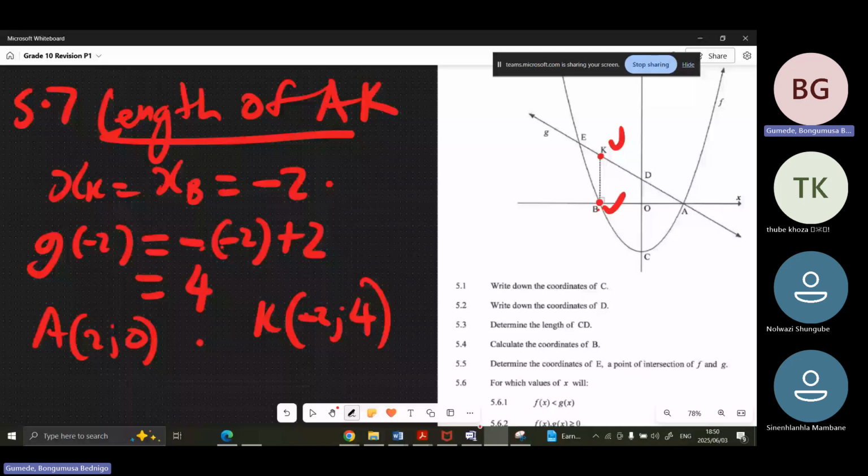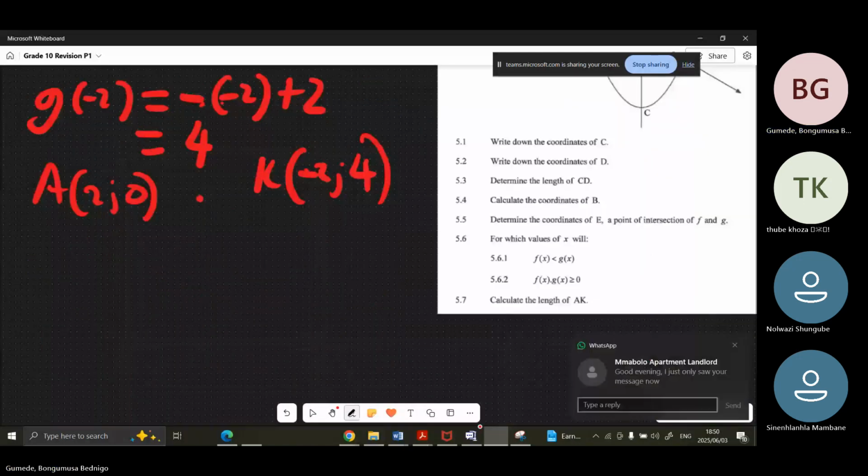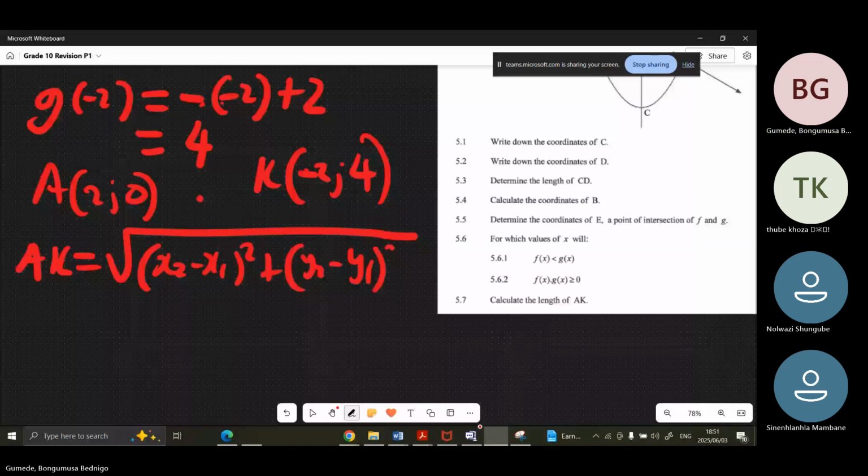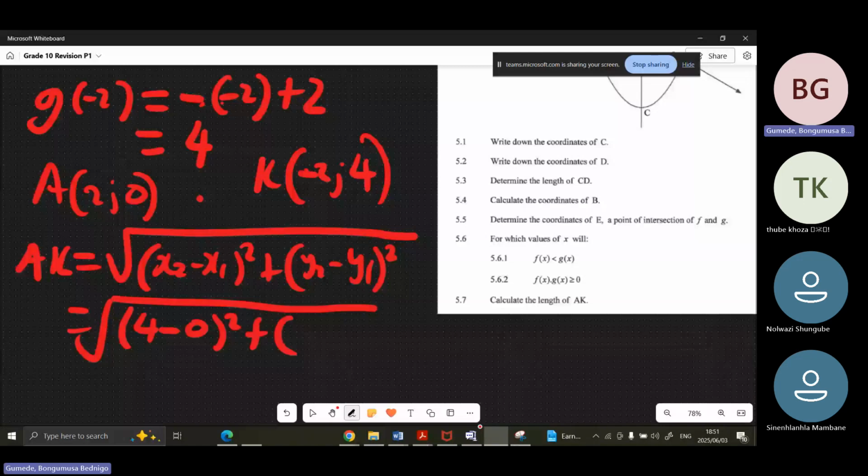In this case, we don't have a choice. AK is going to be x2 minus x1, y2 minus y1. Can use letters, is fine. 4 minus 0. I started with y. We start with x.